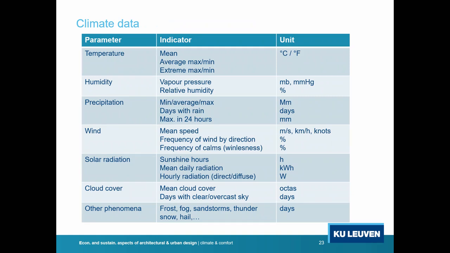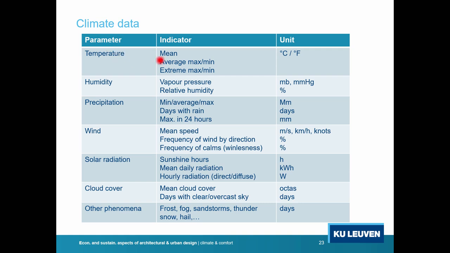So if we talk about climate, we typically describe it with different characteristics or parameters. An important one is temperature, because that will influence how we feel, humidity and precipitation, wind, solar radiation, cloud cover, and then you have other phenomena like sandstorms or thunder or snow or whatever that are also characteristics.